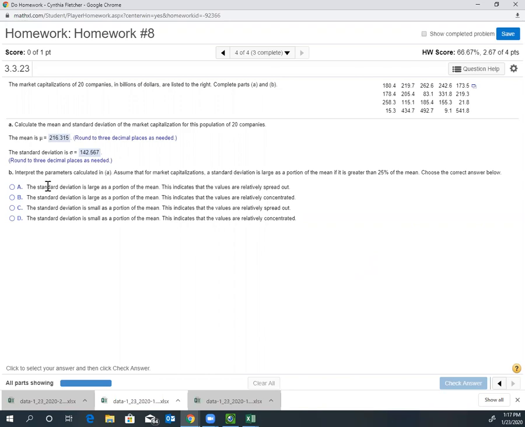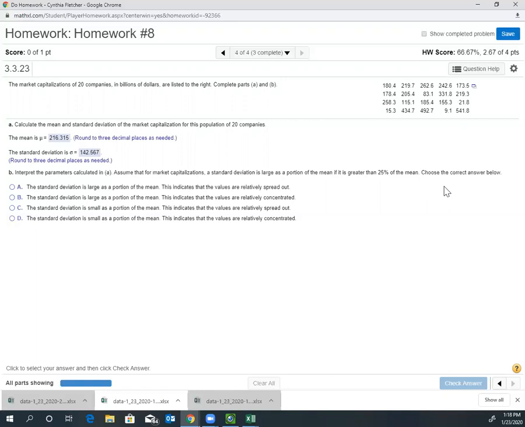Okay, on this one it says interpret the parameters calculated in A. Assume that the standard deviation is as large as a proportion of the mean if it's greater than 25% of the mean. Okay, so what does that mean?